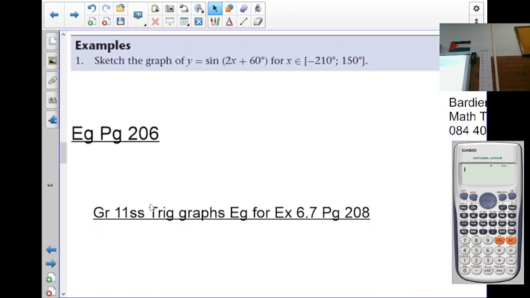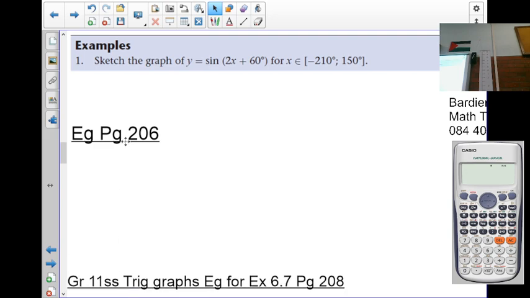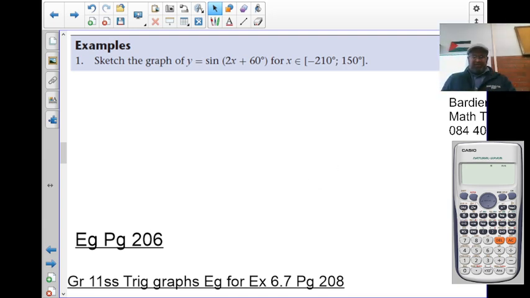Alright. So firstly they ask you to sketch the graph of y is equal to sine 2x plus 60, where x is an element of negative 210 degrees to 150. So what I'm going to do is get a grid.